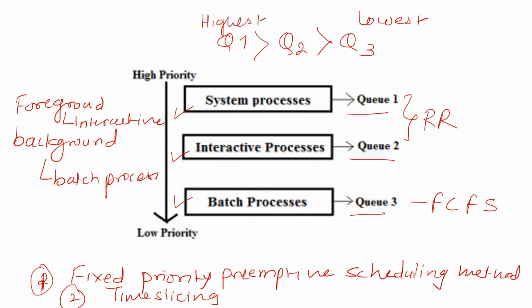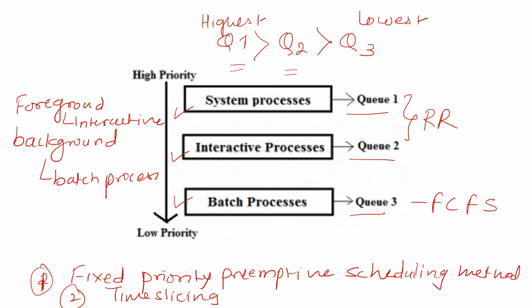According to this algorithm, no process in Q3 can run unless Q1 and Q2 are empty. If any process is running in Q3 and if any process enters the ready queue from Q1 or Q2, then the process in Q3 is preempted. So this is how the first method works, that is fixed priority preemptive scheduling.